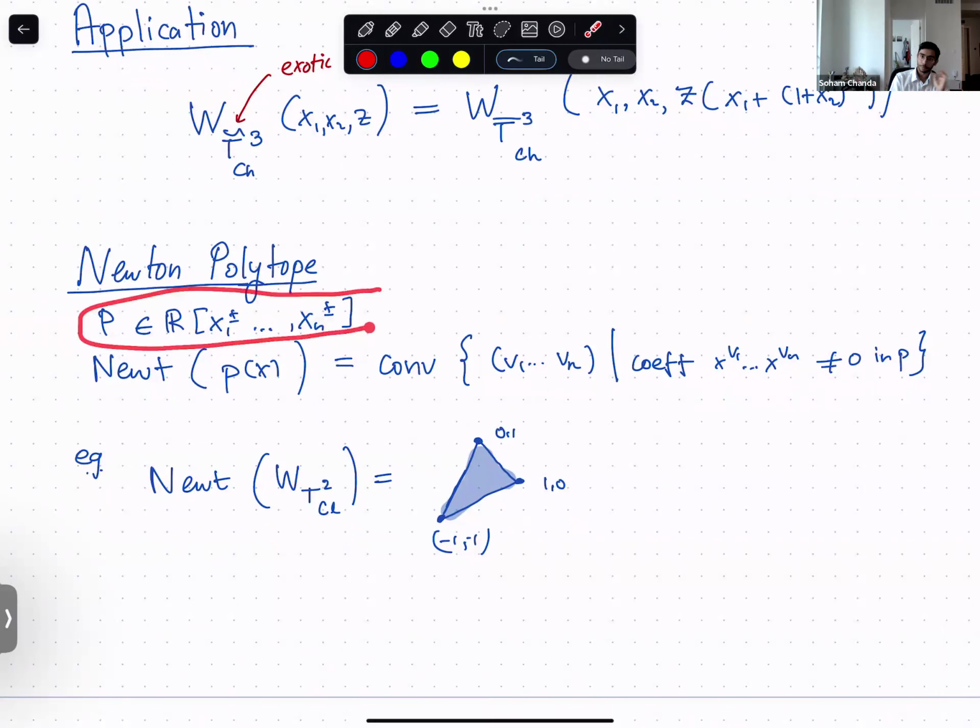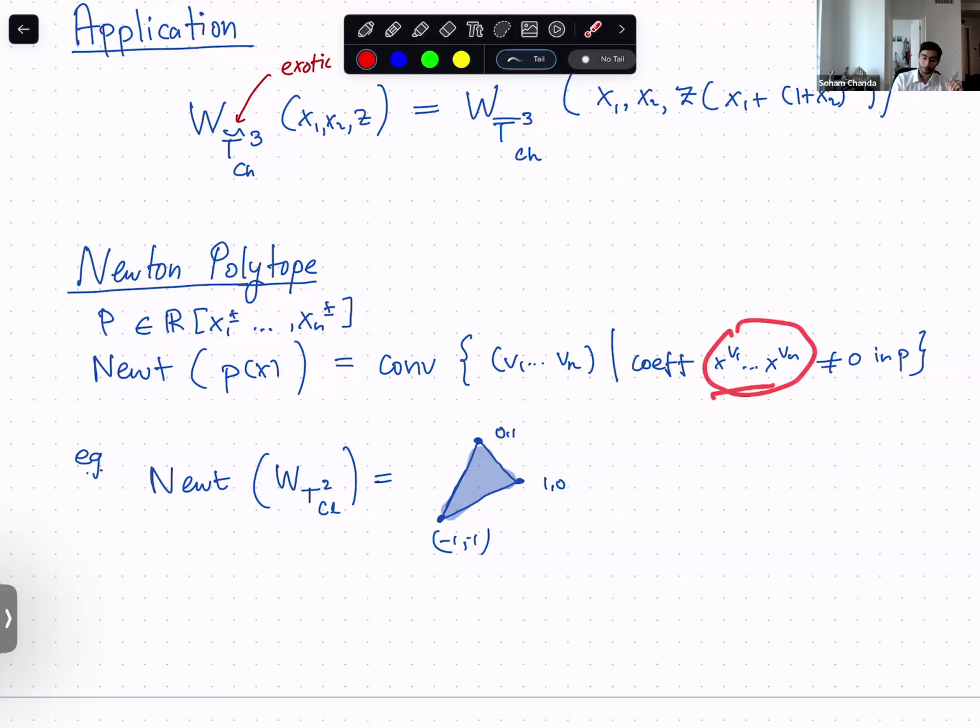Given any Laurent polynomial with R coefficients, okay, this doesn't really matter, it could be any field coefficients, the Newton polytope is the following. You take all the tuples v1 up to vn such that the coefficient of that monomial is not zero in the polynomial. So let's do it for the potential for the Clifford torus. We know that the potential for the Clifford torus is x plus y plus 1 over xy.